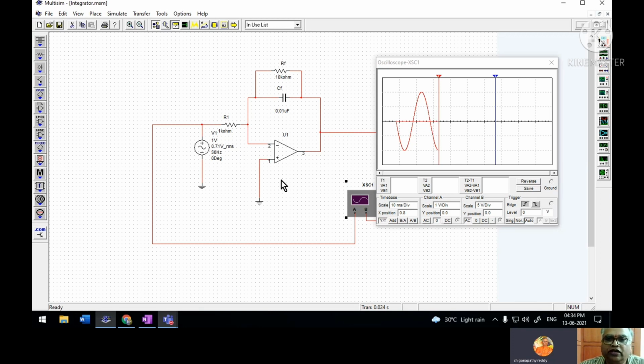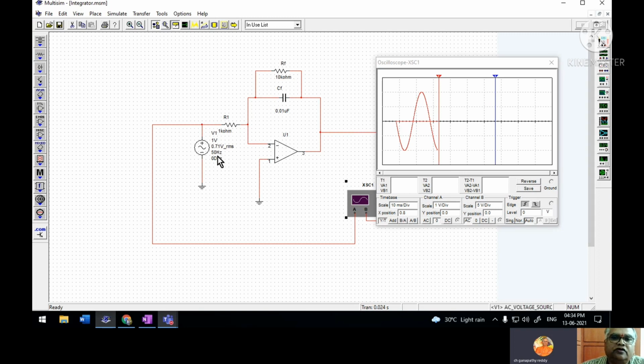So low frequency gain, how much did we design? 20 dB. 20 dB means a gain of 10, which is nothing but 10K by 1K is 10. So perfectly 2 units into 5, 10. Low frequency gain satisfied.